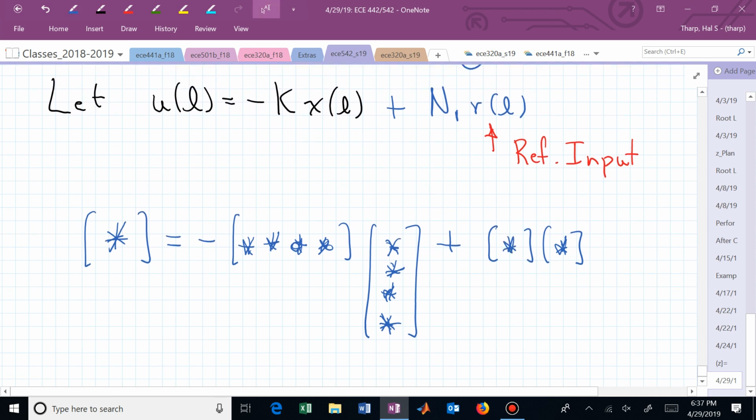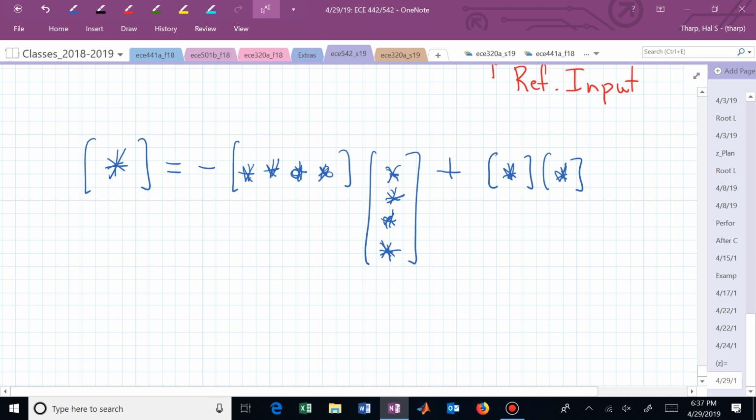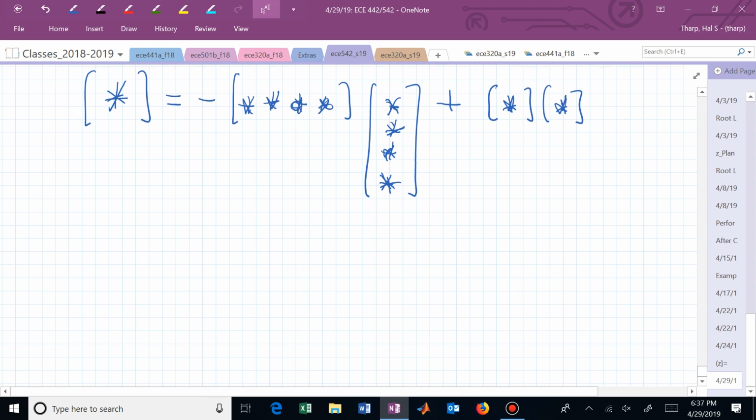This equation, u of k is equal to minus Kx of k plus N sub 1 r of k, may have an interesting structural relationship. K and x dimensionally are bigger in size than N sub 1 r of k. But their combinations end up giving you this 1 by 1 in a single reference input, single input system result.